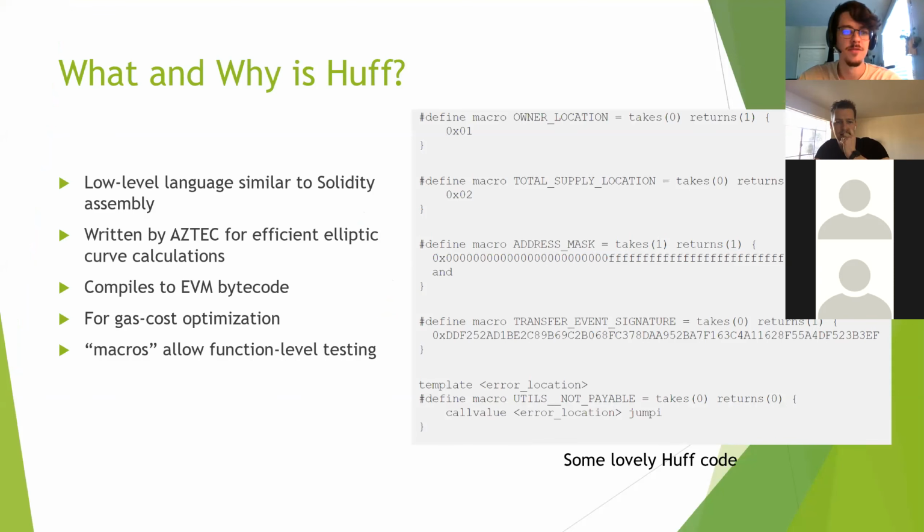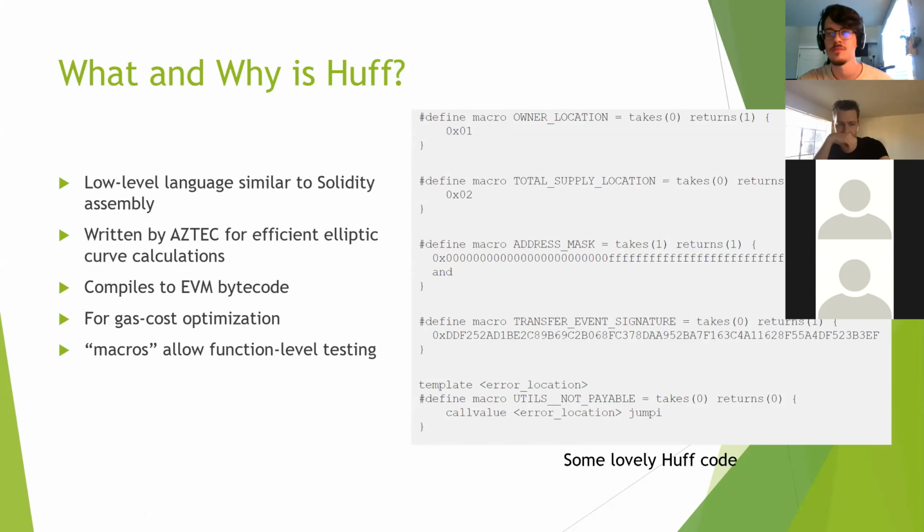So first thing to cover is what and why is Huff. It is a low-level language, very similar to Solidity assembly. It uses opcodes pretty much directly with some extra little bits and pieces. It is written by the Aztec protocol guys.